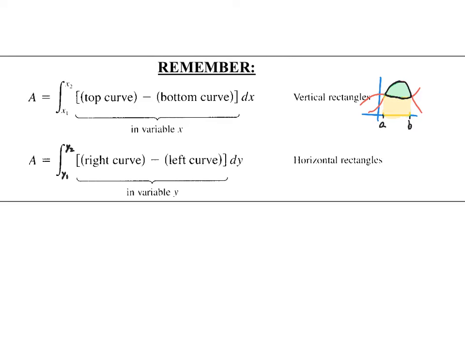And notice our functions are going to be defined in terms of y's. So for example, we might have f of y and g of y, and we're integrating with respect to y. Now let me just illustrate what this is going to look like here.